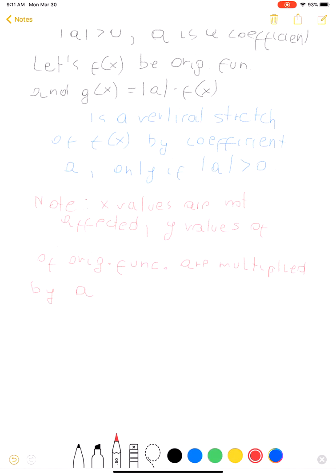Okay, so vertical stretch only when the absolute value of a is greater than 0. It will always be positive as an absolute value, but it must be greater than 0.